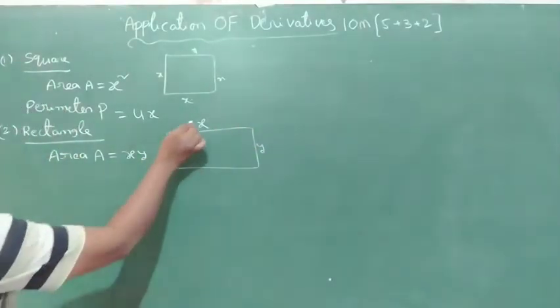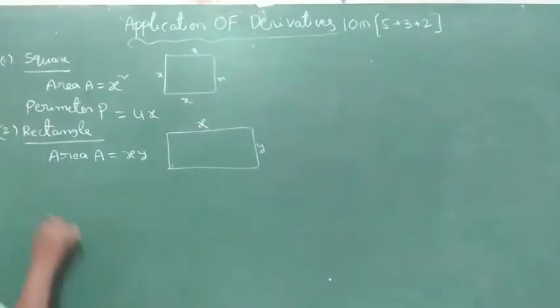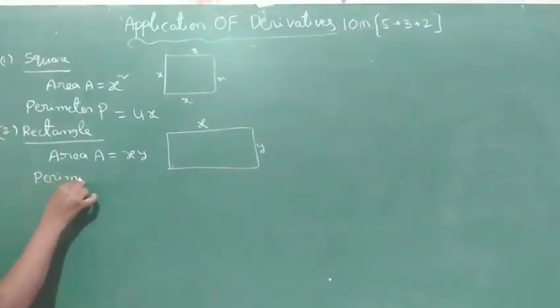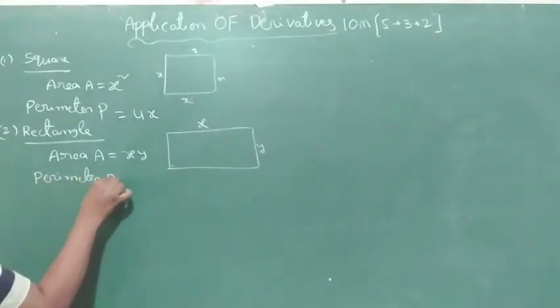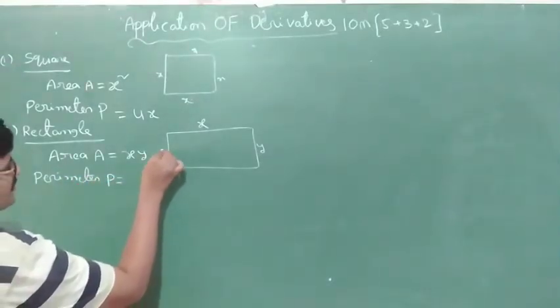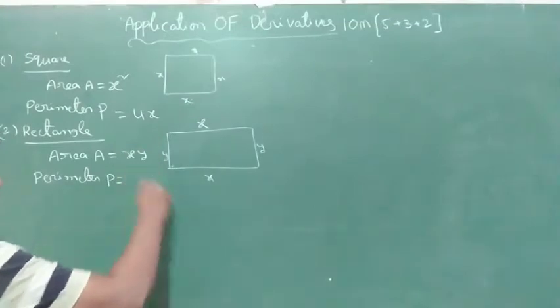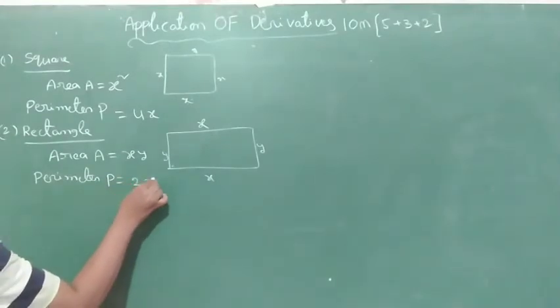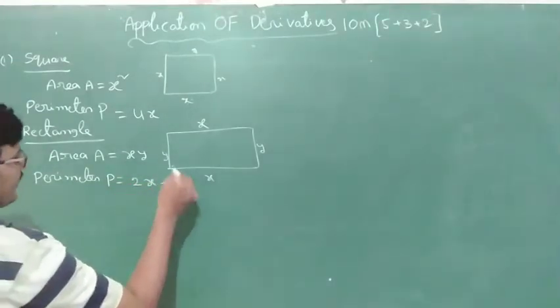So area is length into breadth. Perimeter means the total distance, so 2x plus 2y.